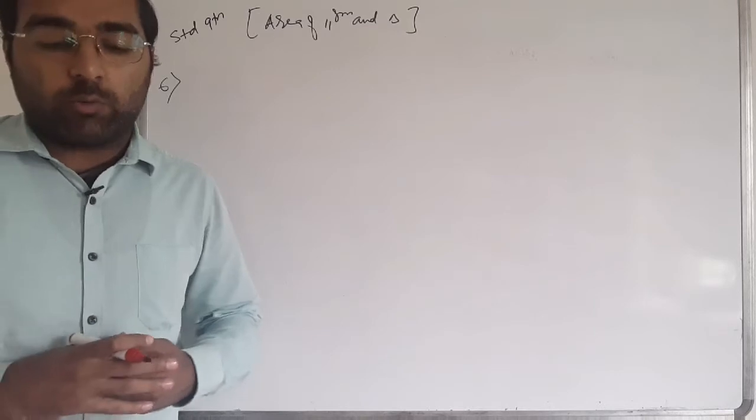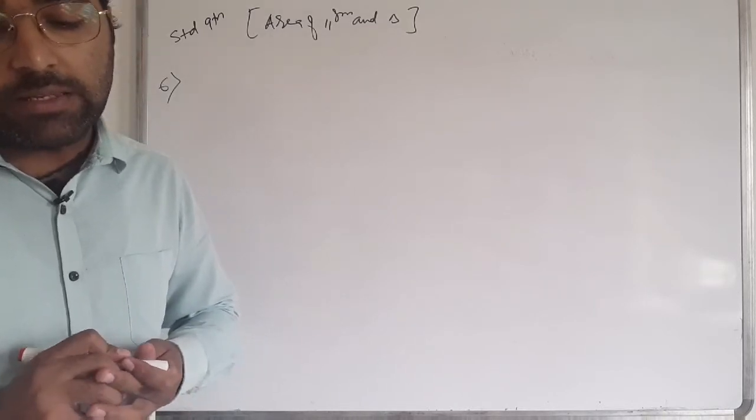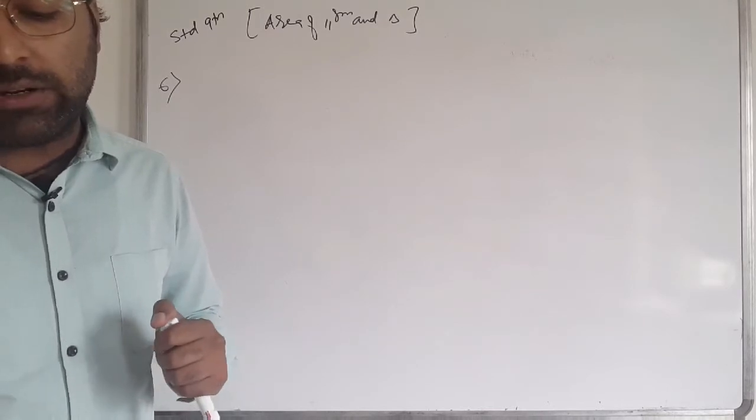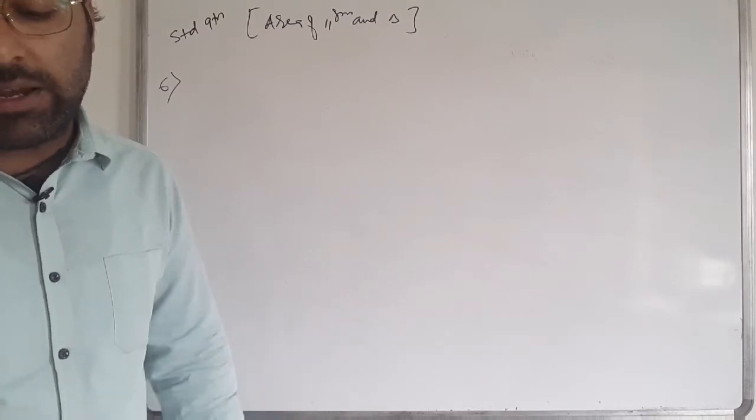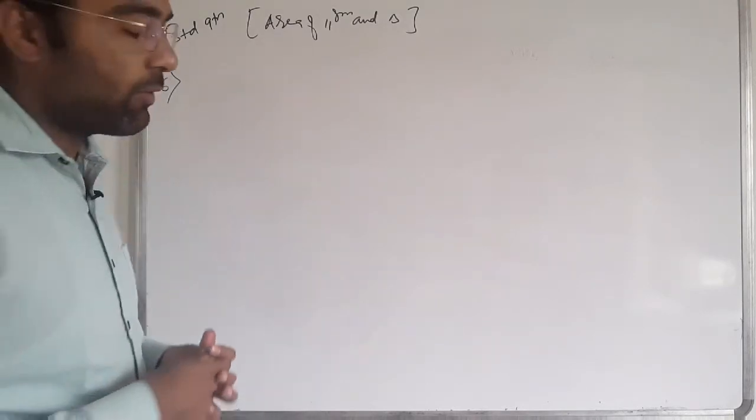The question is: in the given figure, diagonals AC and BD of quadrilateral ABCD intersect at O, then show that. First of all we have to draw the figure.